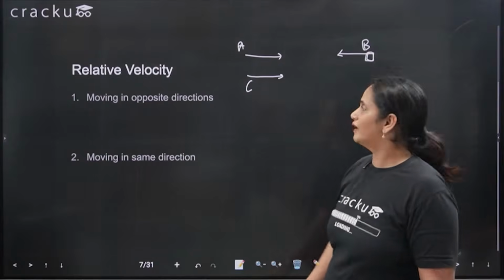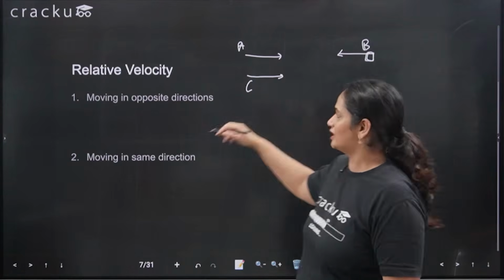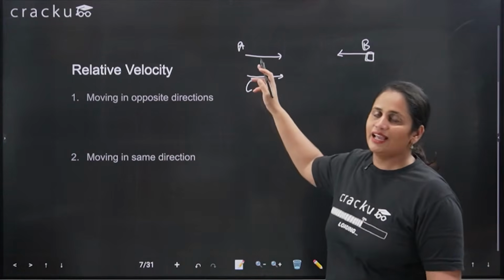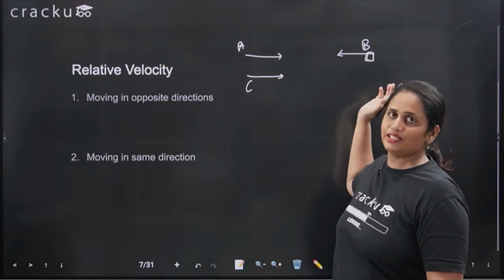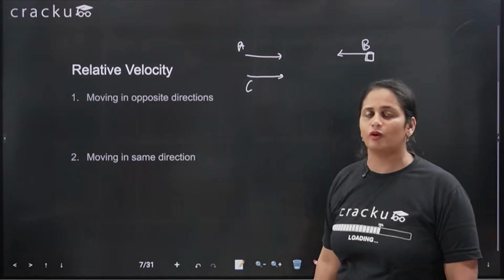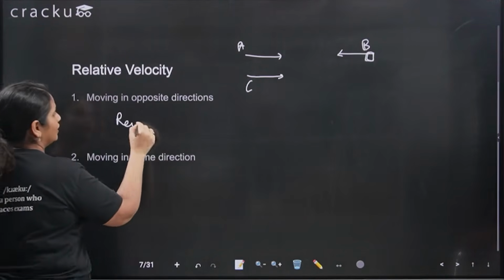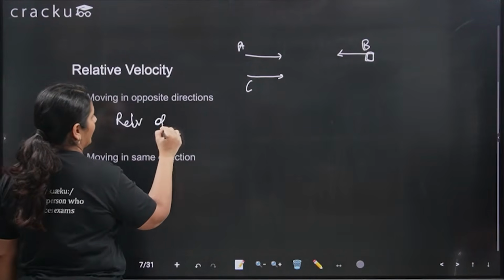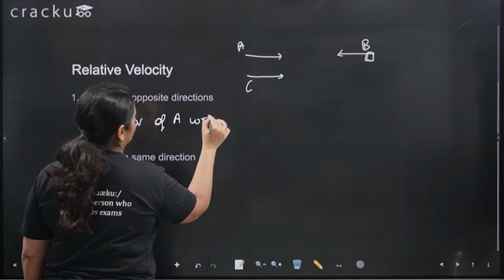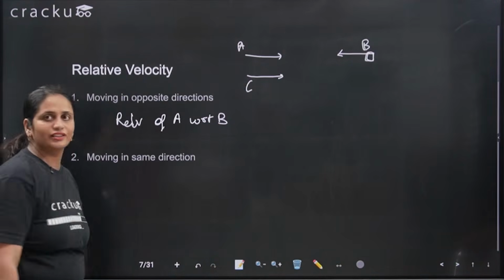So when people are moving in opposite directions, say A is moving towards east and B is moving towards west, you have to consider the relative velocity of A with respect to B. Suppose I make B the stationary object.